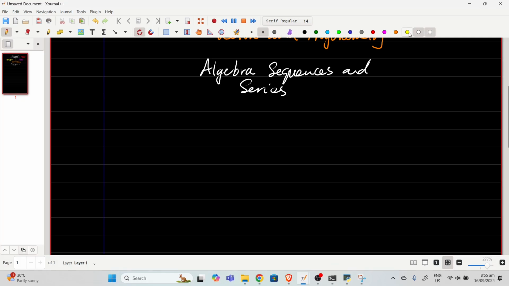The topics are as follows. We have algebra as the first topic. Then we have quadratics. Then we have inequalities. Then we have surds, indices, and logarithms.